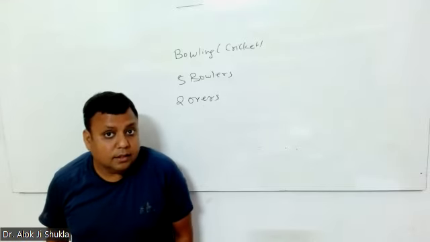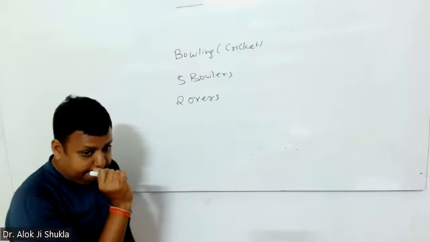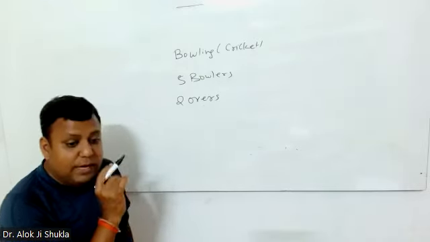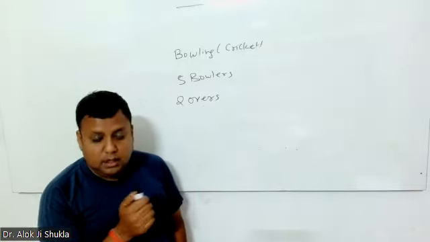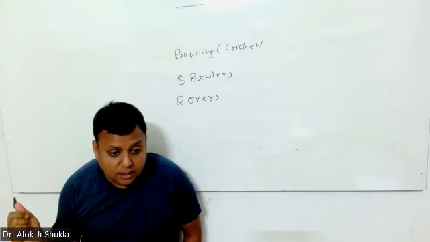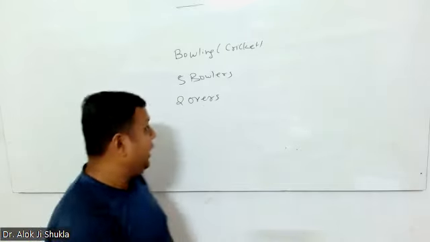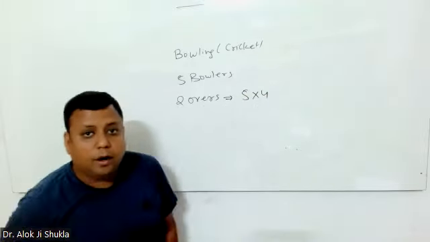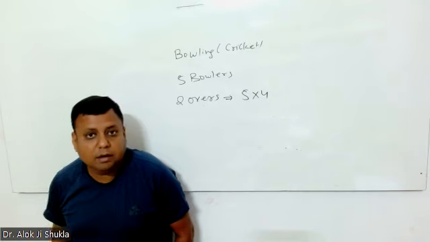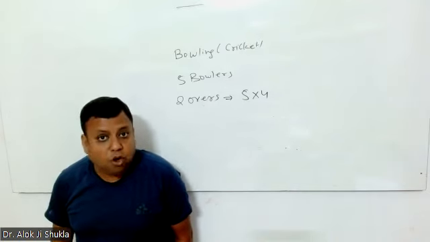So the number of ways is, someone will tell me? Anyone? 20. So it will be 5 into 4, because the first bowler will have 5 options, the next bowler will have 4 options.